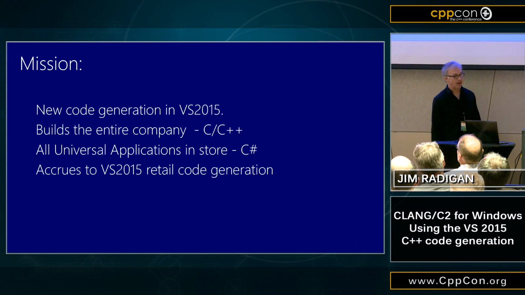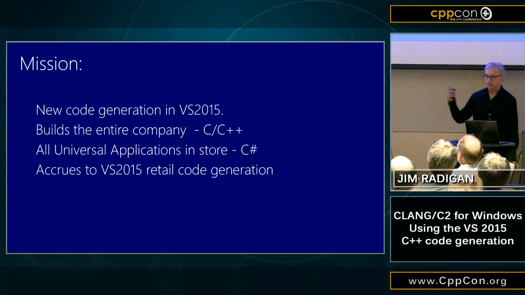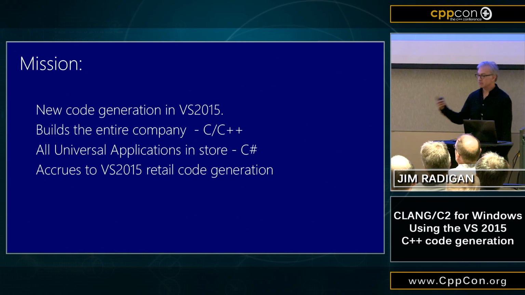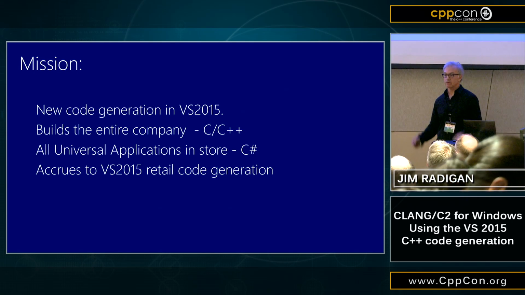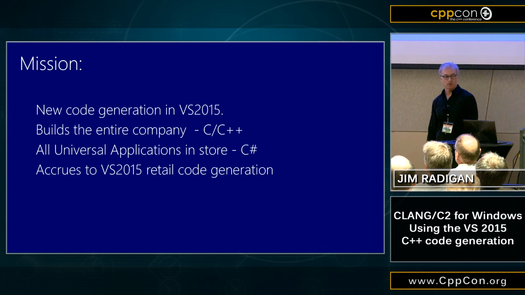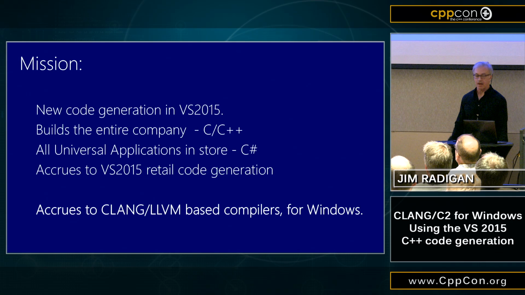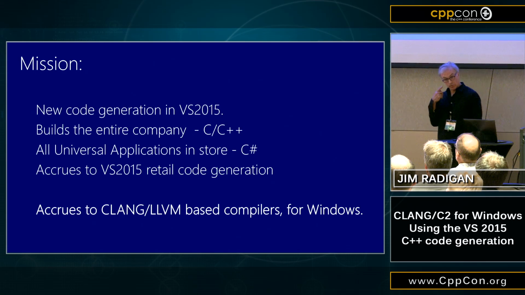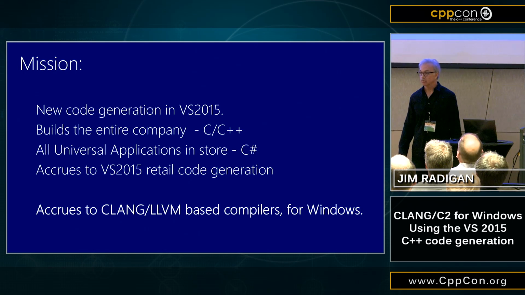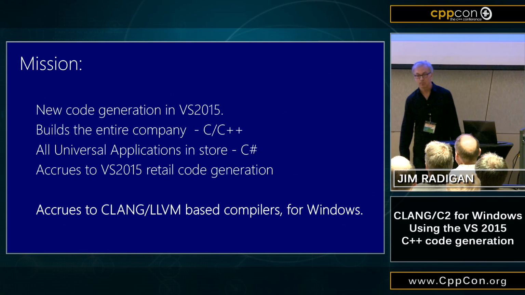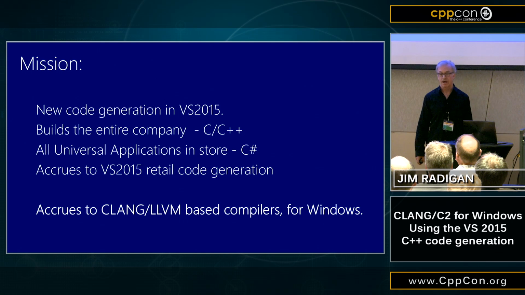And I'm going to talk about how the work that we do every product cycle internally to build the company first, before we retail the code generators, accrues to Visual Studio. And now what's going to happen is I think that this work will accrue to the Clang and LLVM-based compilers for Windows, and it will also accrue back to Clang and LLVM itself as we try to help get that onto Windows.